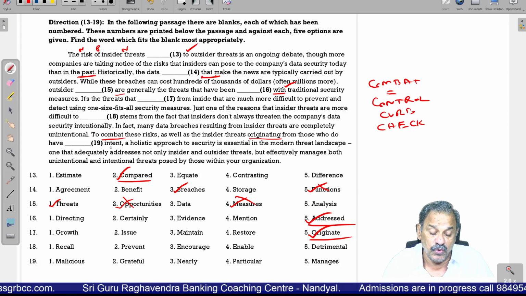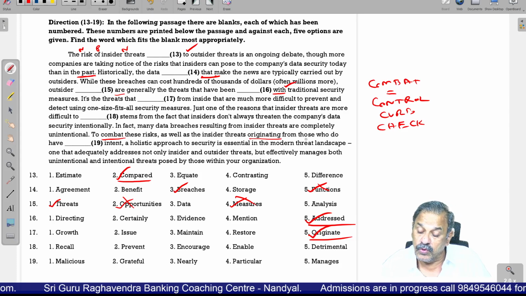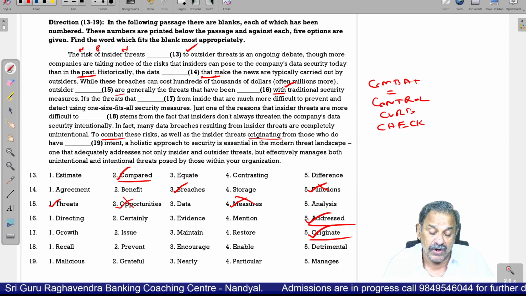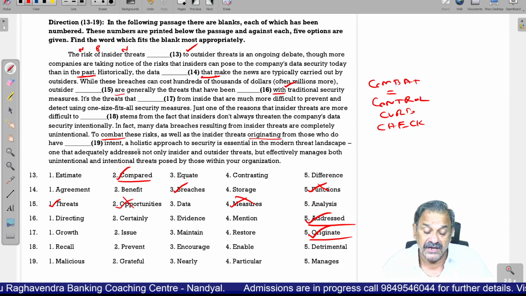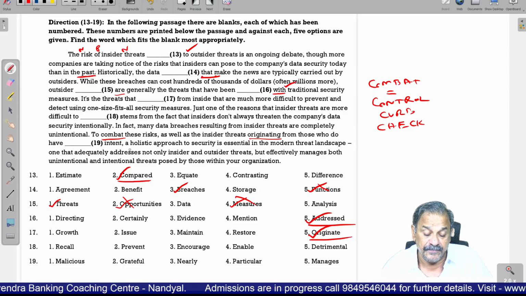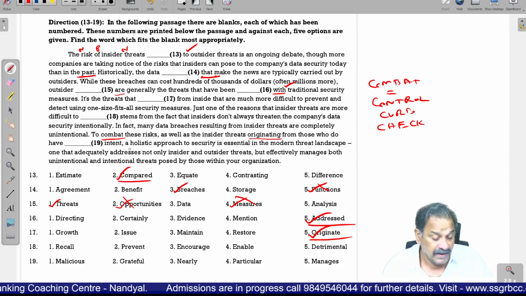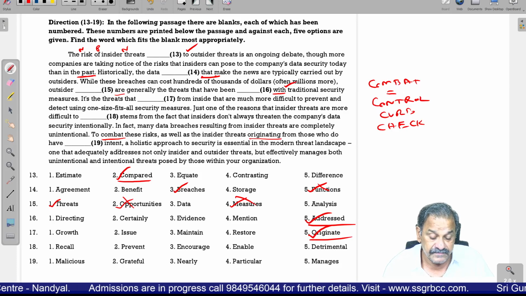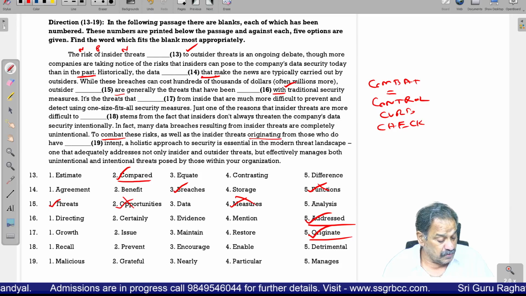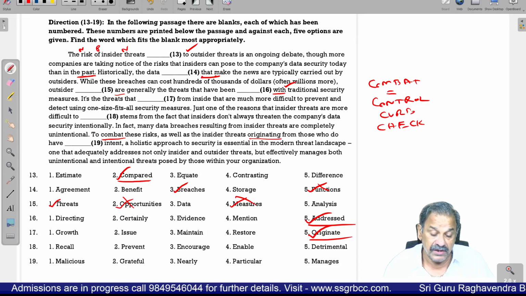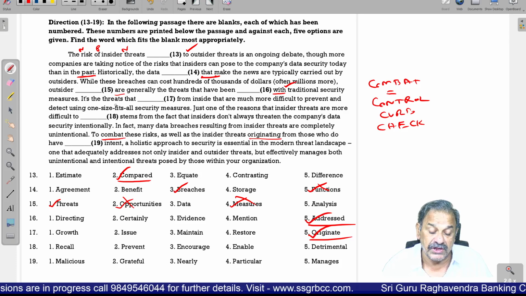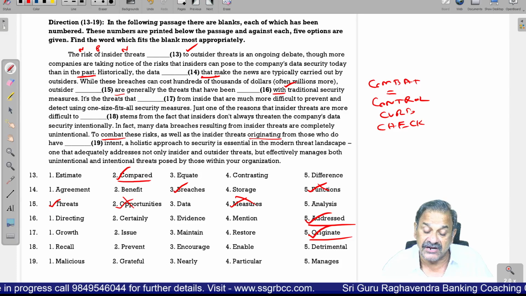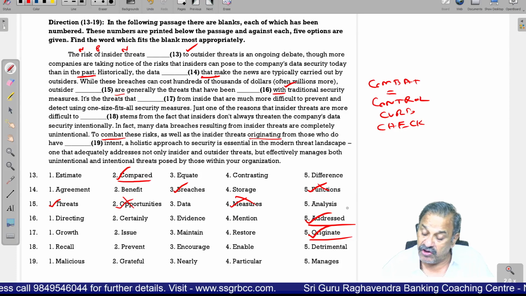Here, those who do have dash intent, a hostile intent. It is the threats that originate from.